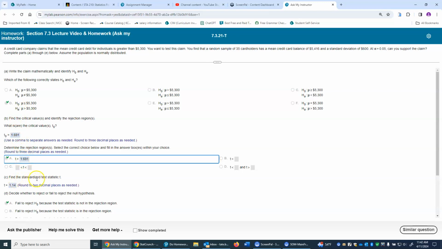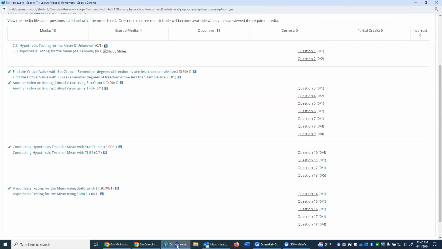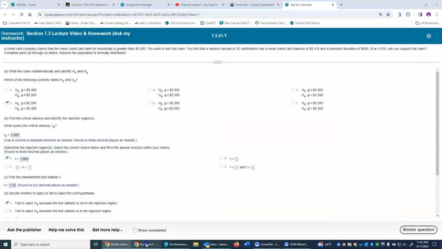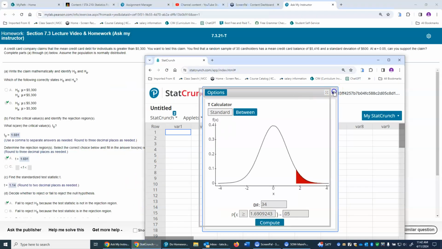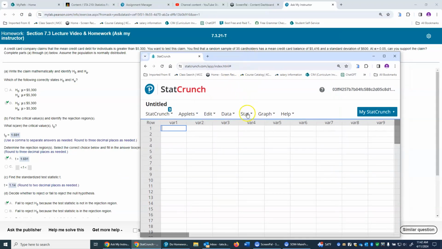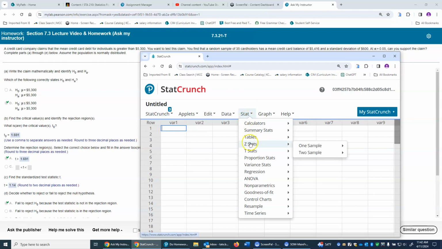Now find the standardized test statistic, T. You can use the formulas they give you, but I'm just going to use StatCrunch for that. So we go to stats, and we know we're talking about a T-stat, one sample.